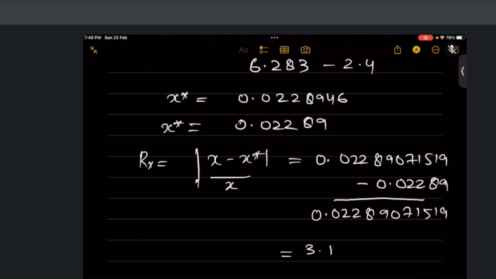So it is 3.124 into 10 to the power minus 5. Fine.